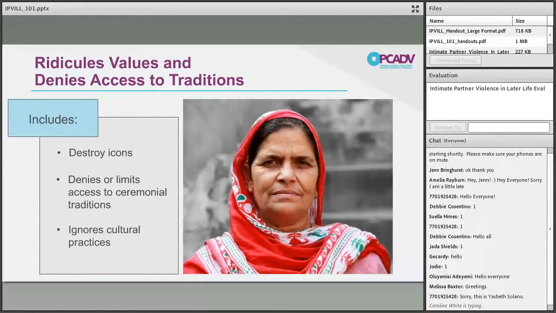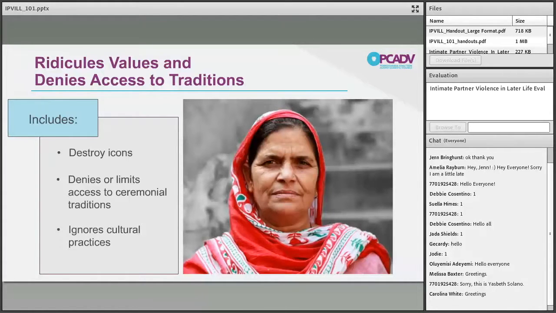Abusers that are utilizing this tactic can also actively pray against the survivor, be very vocal about that, and define spirituality as a masculine kind of trait and use that kind of exploitation of heteronormativity against the survivor as well. And they also can use religion as a threat. God doesn't allow divorce, so you can't leave me. These are all ways that this can present in older adult relationships as well.